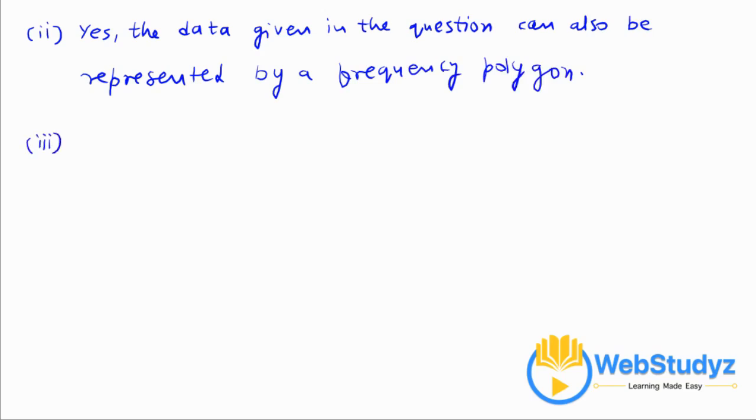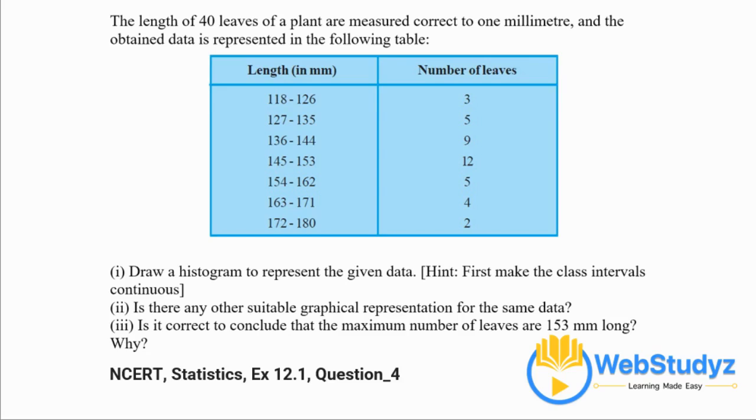Moving on to the third problem, which is: is it correct to conclude that the maximum number of leaves are 153 mm long, and why?